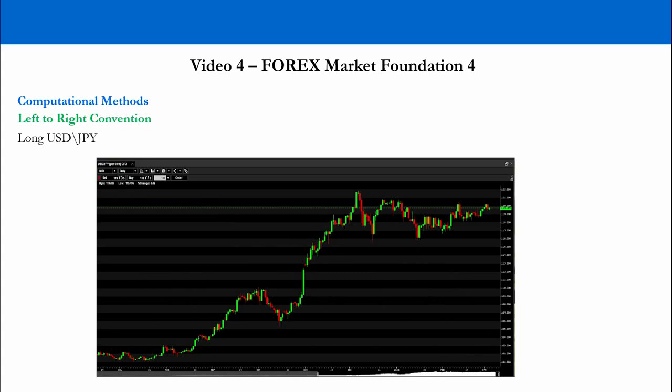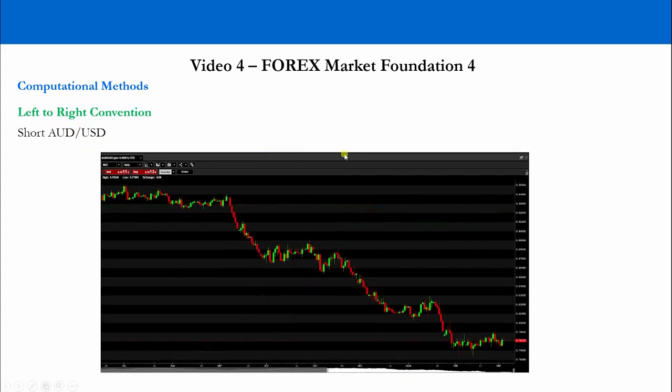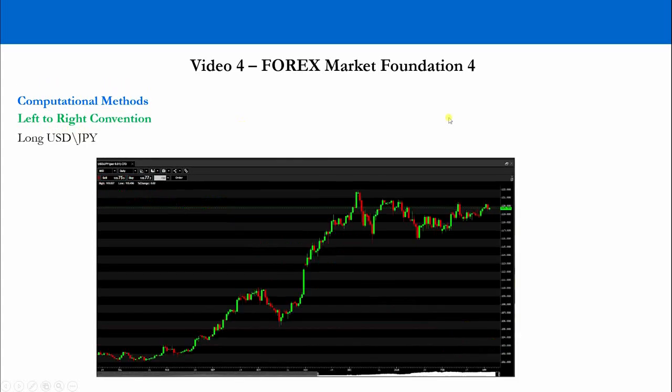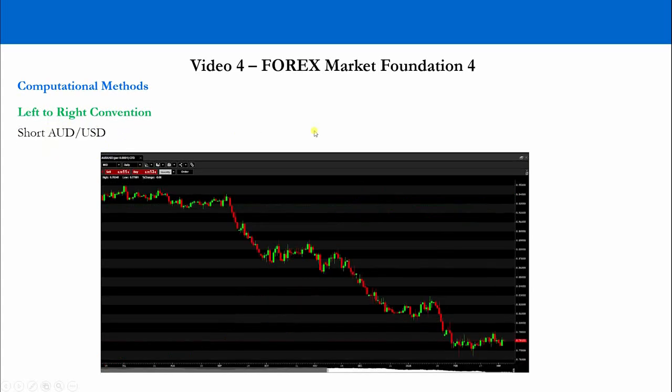something very bearish happens to the Japanese yen, so there's a big, say, negative economic fundamental occurrence for the Japanese yen, and there's a very bullish occurrence for the Australian dollar, then you would be doing a suboptimal trade if you actually bought dollar yen and bought Aussie dollar US dollar.